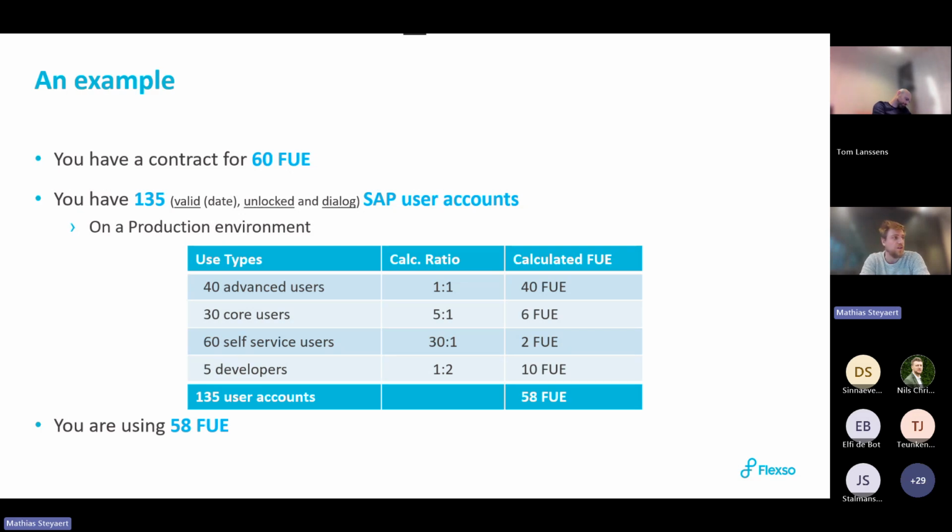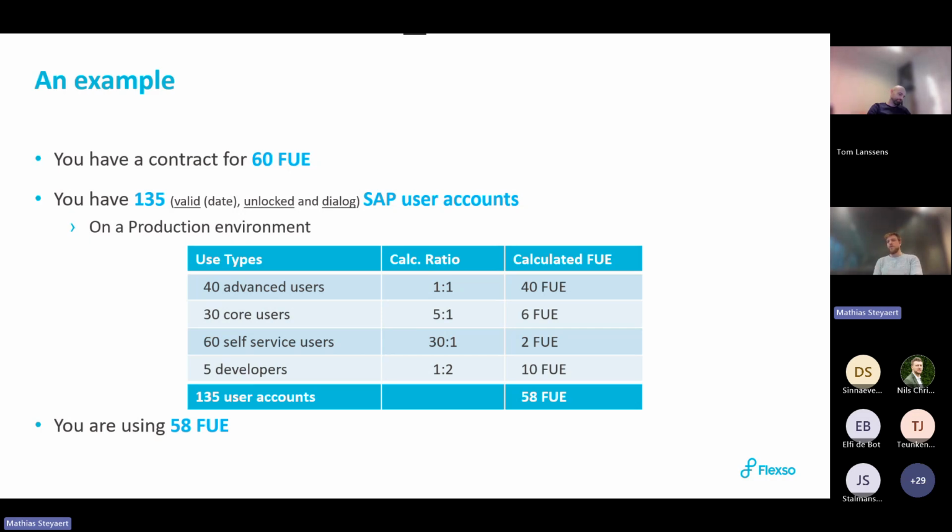So if you have a development environment or a testing environment, these FUEs or these rights that are assigned there to your users are not calculated in your FUE counts, with the exception of developers that are being counted on the development environment. Correct, indeed.